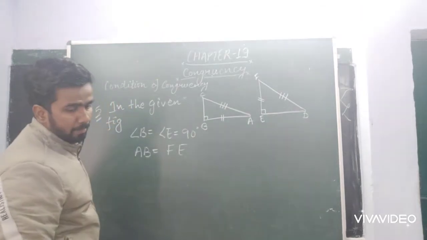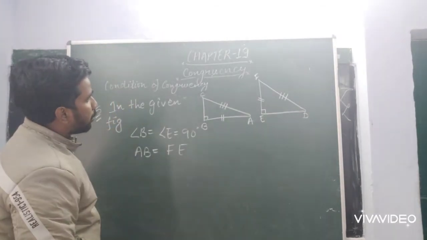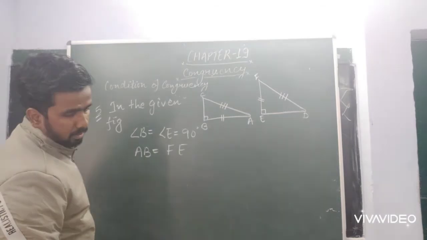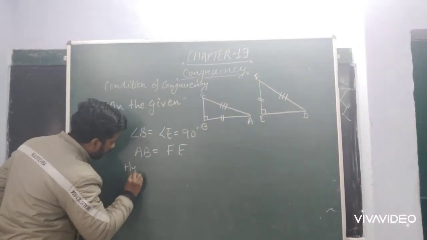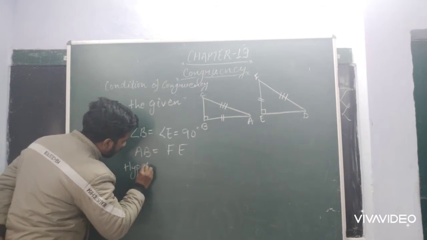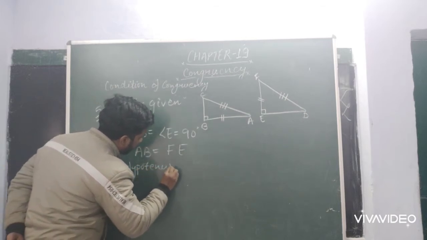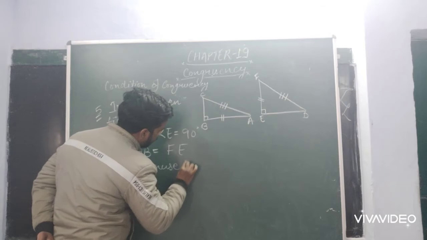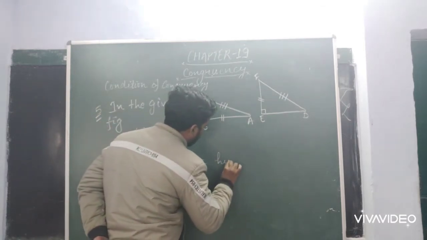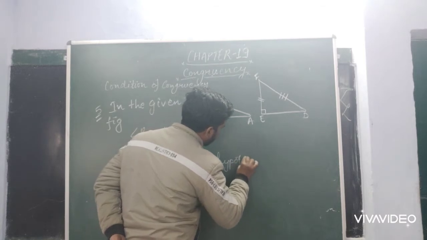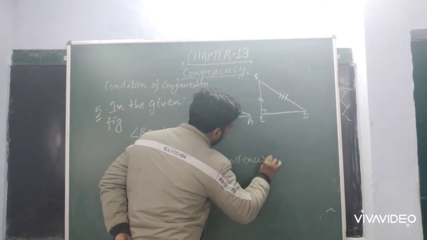This is the side, and hypotenuse AC is equal to hypotenuse FD.